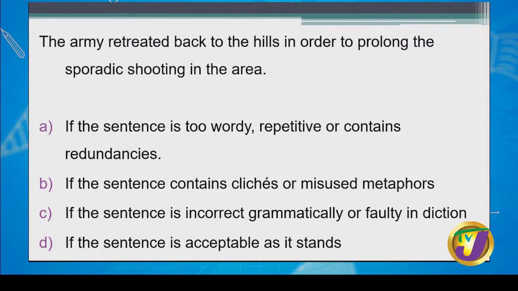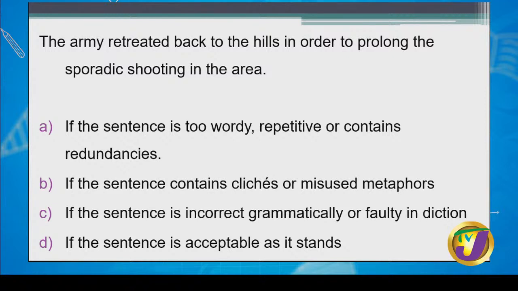Your options are A, if the sentence is too wordy, repetitive, or contains redundancies. B, if the sentence contains cliches or misused metaphors. C, if the sentence is incorrect grammatically or faulty in diction. And D, if it is acceptable as is.